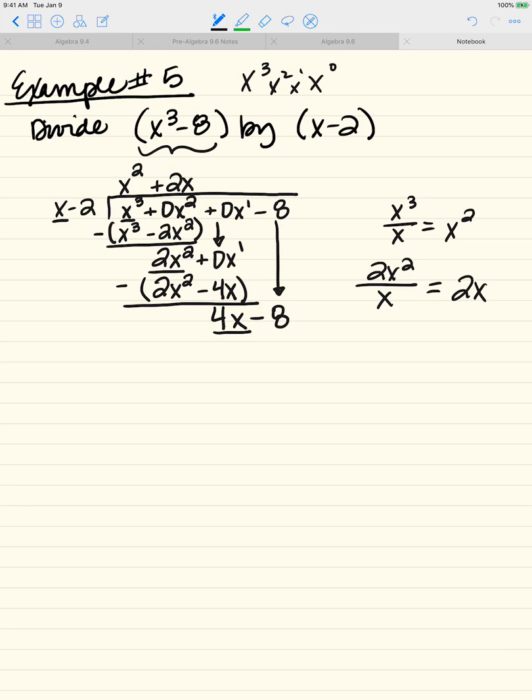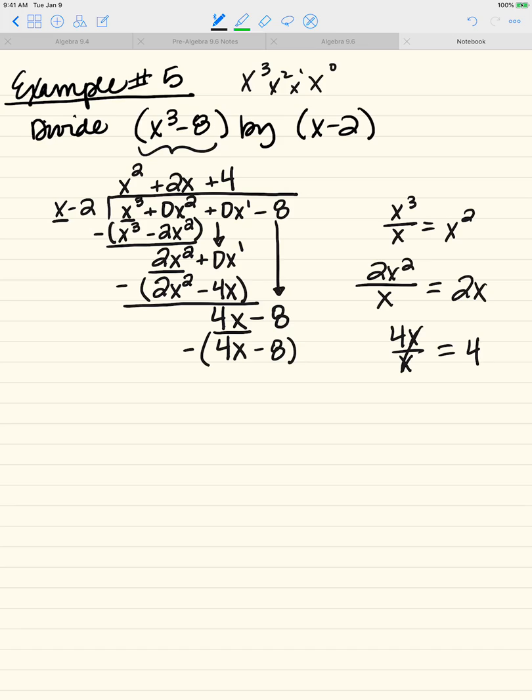Now divide 4x by x, the first term in the binomial. 4x divided by x, the x's go away, and we're just left with 4. Multiply 4 times the entire binomial, x minus 2. 4 times x is 4x. 4 times minus 2 is minus 8. Subtract that.